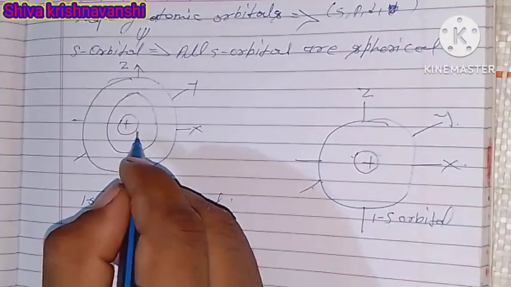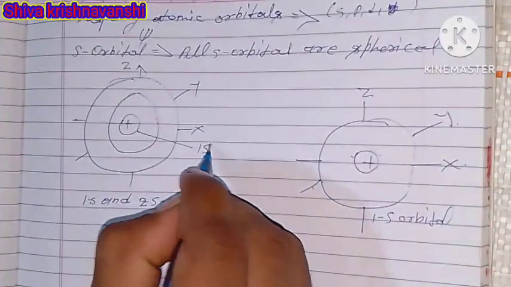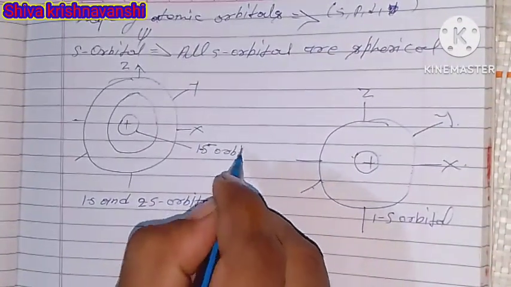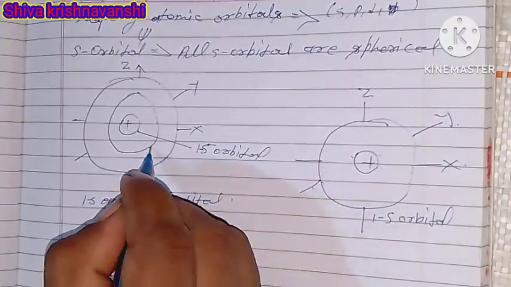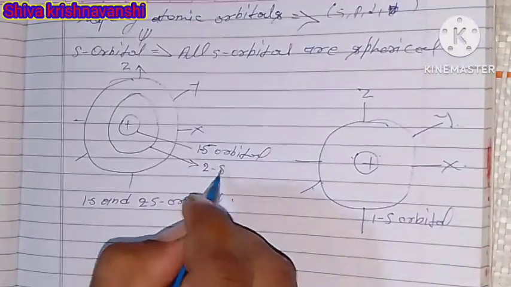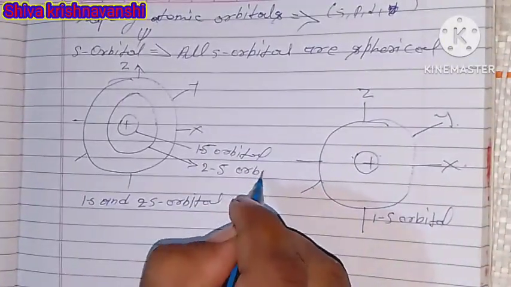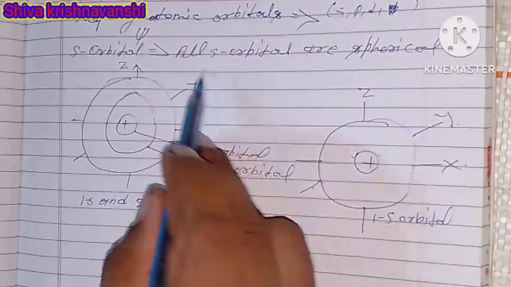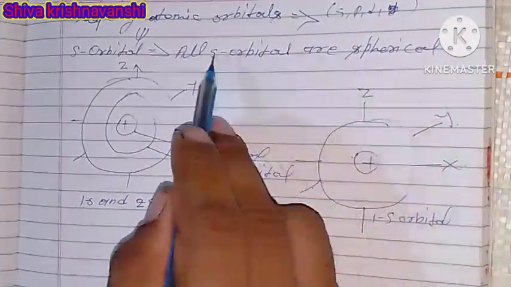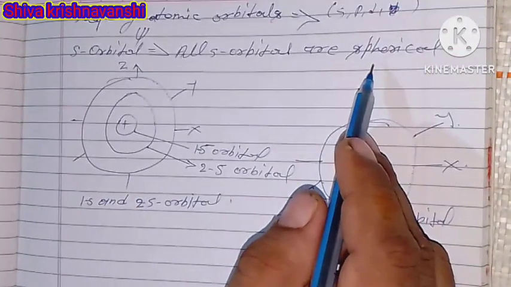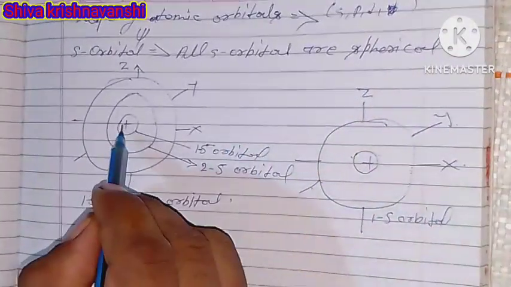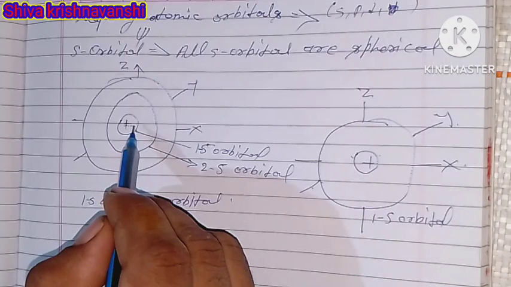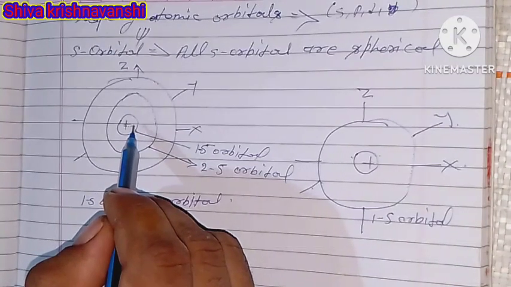This is the 1s orbital, and this is the 2s orbital. All s orbitals are spherical.